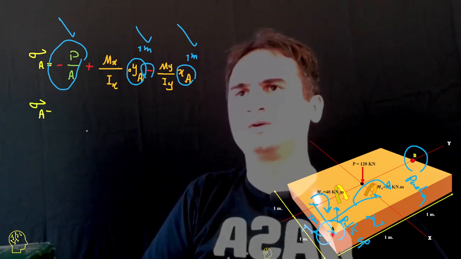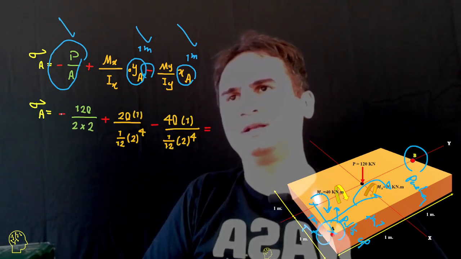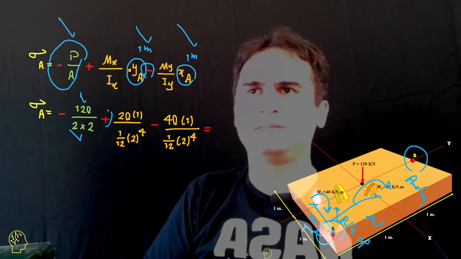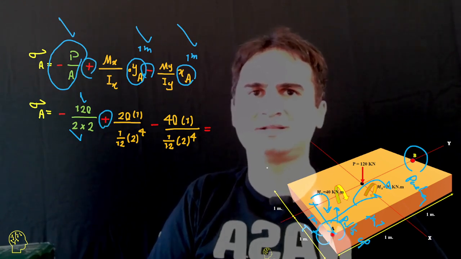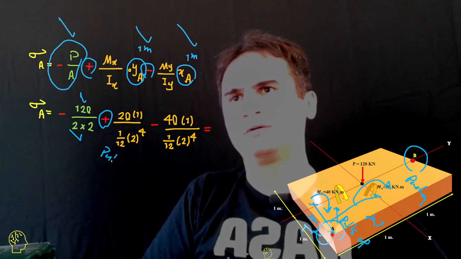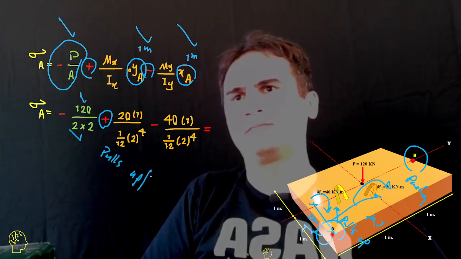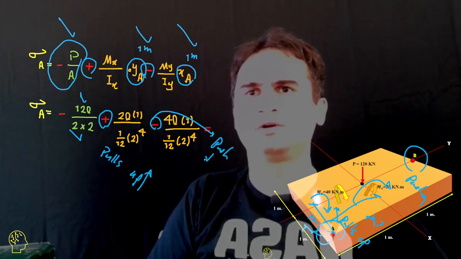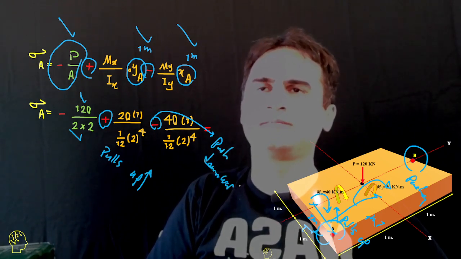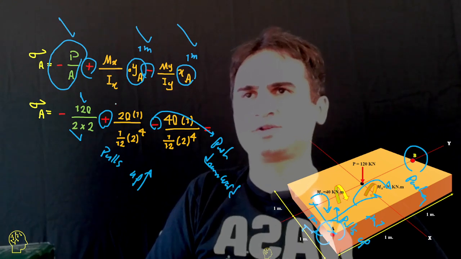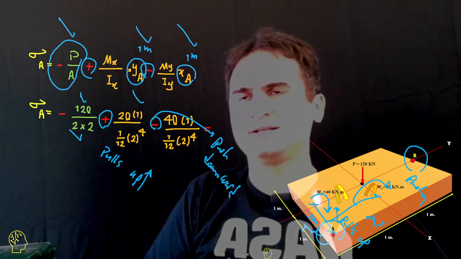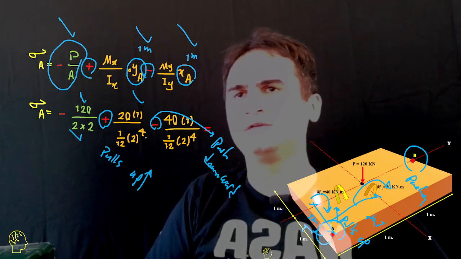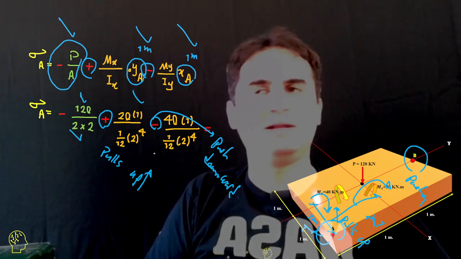If you replace the numeric values, it's negative 120 over 4 meters squared, plus the effect of Mx, which pulls up. The load is a push downward. That's plus 20 times 1, which is the distance, over 1/12 base times height cubed, which is 1/12 times 2 to the 4th, because A and B are the same.